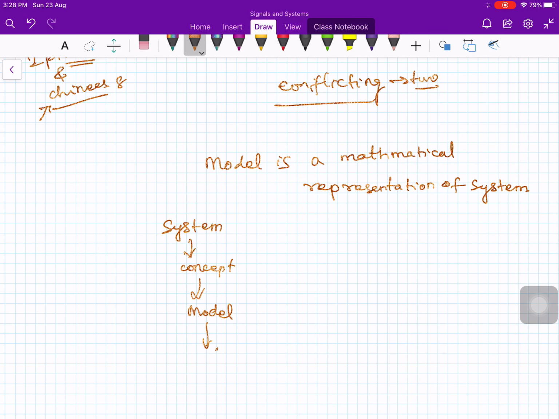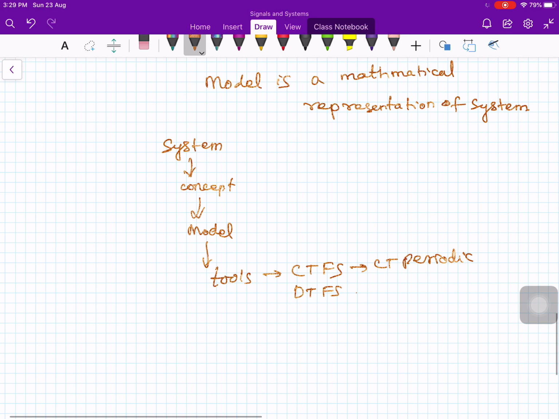There are many tools like continuous time Fourier series and discrete time Fourier series. If the signal is continuous time periodic, then you go to continuous time Fourier series. If the input signal is discrete time periodic, then you go to discrete time Fourier series.